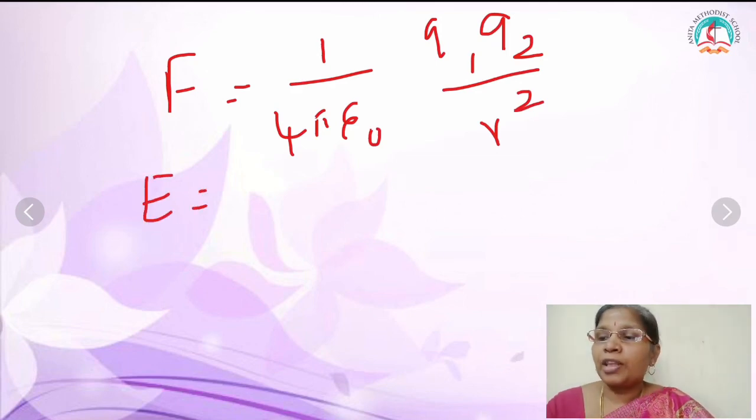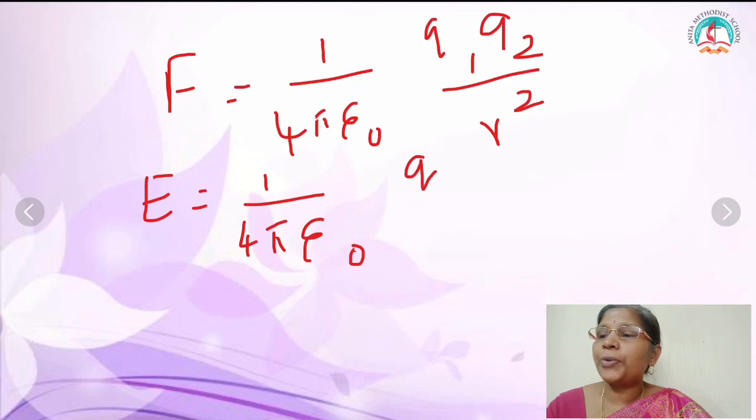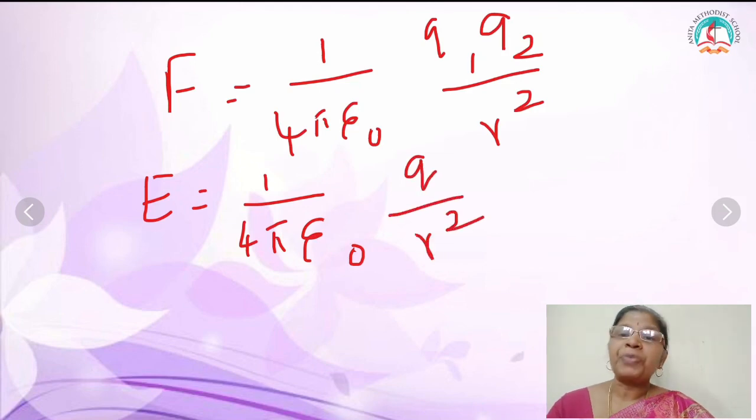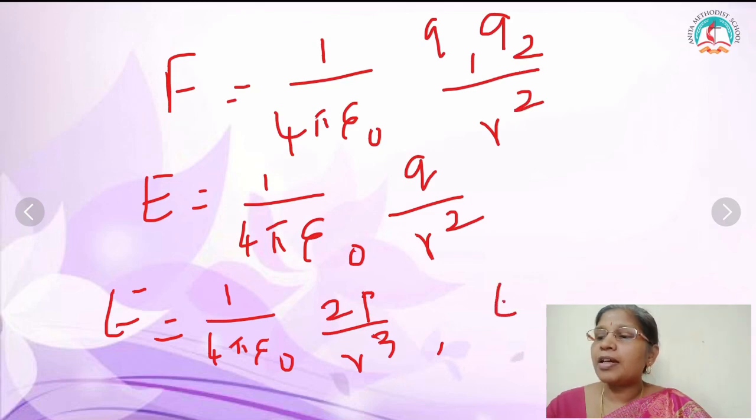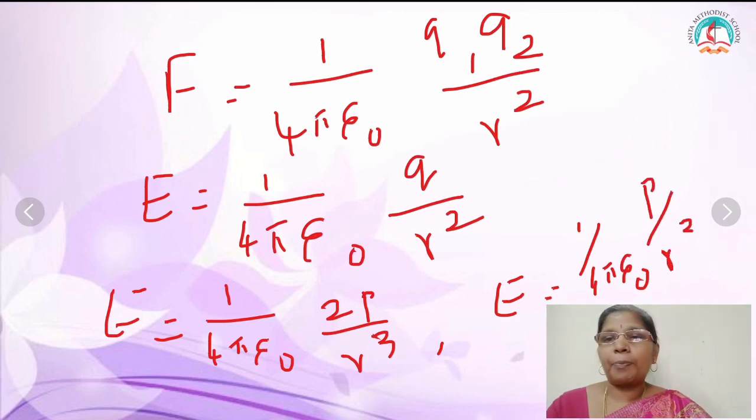For a point charge the formula is 1 by 4 pi epsilon 0, Q divided by R square. Same way, you calculated the electric field due to the dipole along the axial line, where the formula is 1 by 4 pi epsilon 0, 2p divided by r power 3. On the equatorial line, E equals 1 by 4 pi epsilon 0, p divided by r power 3.